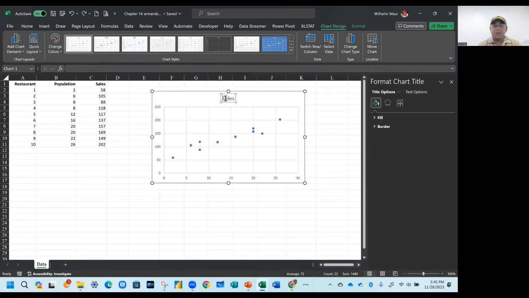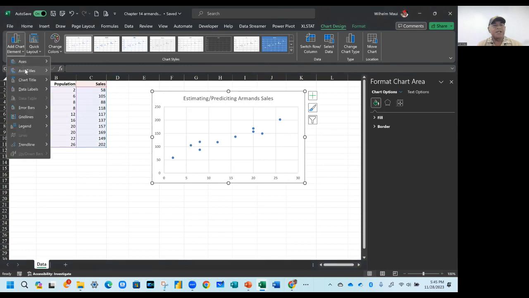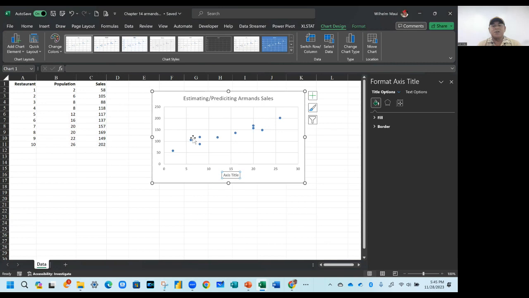So this may be Armand's, maybe estimating or predicting Armand's sales, something like that. Then you can also put your axis titles there, horizontal. These are what? These are population, correct?